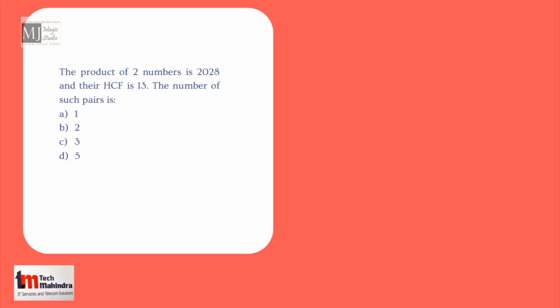Again, a question from HCF LCM. Number system questions, very popular with HCF LCM, are always asked in the Tech Mahindra examination. So please do practice a lot on that. The product of two numbers is 2028. Okay, x into y is 2028, and the HCF is 13.